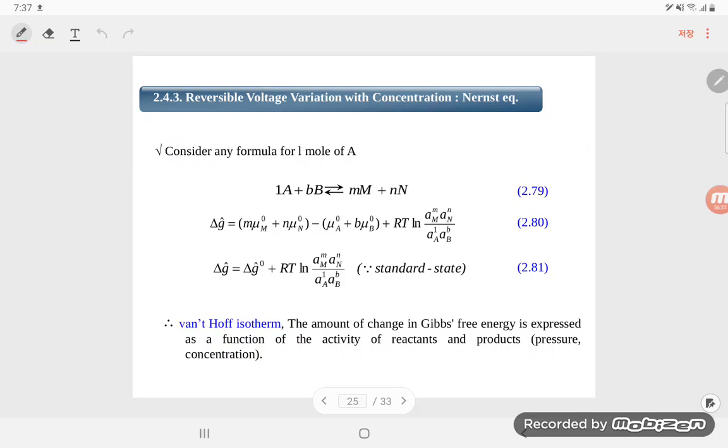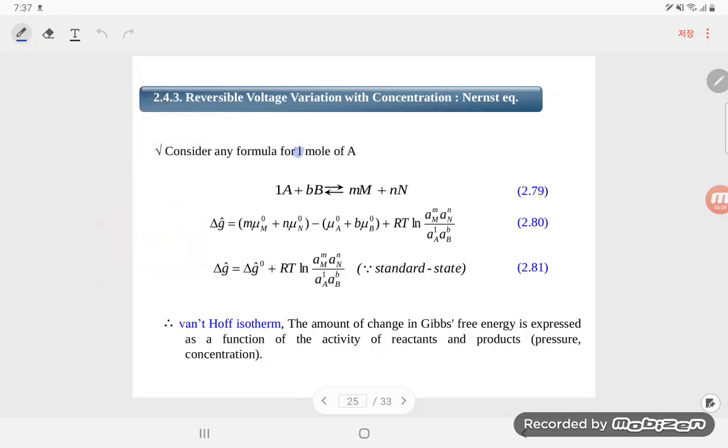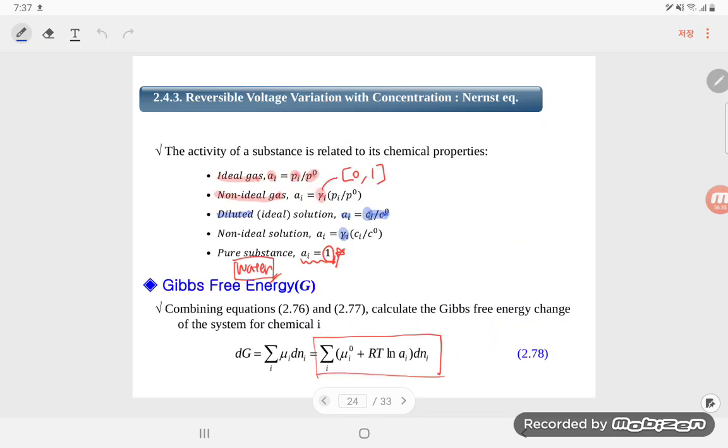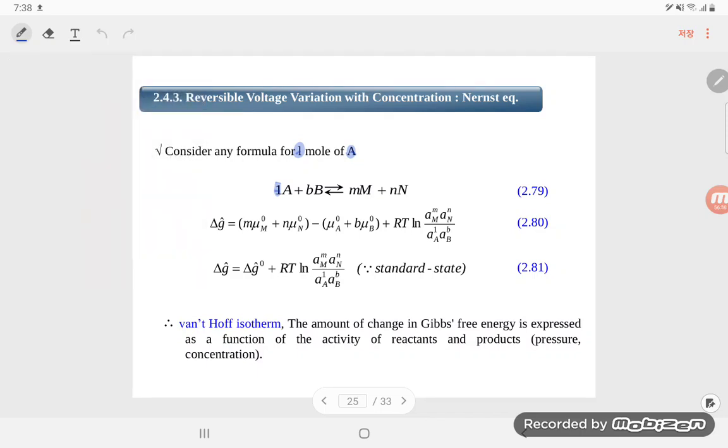So if we consider a formula for 1 mole of A, then we can calculate the Gibbs free energy change by using this chemical potential and also activity. So the equation is expressed like this.